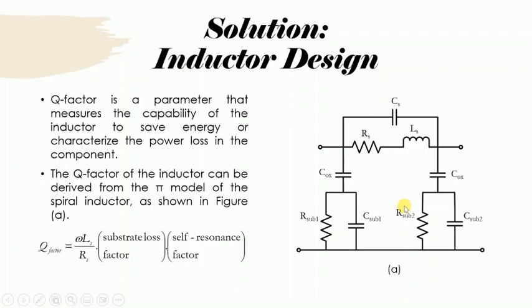This means the substrate loss comes from this substrate resistance and capacitance. We also have the substrate loss factor, which also lowers the inductor Q factor. Rs is inversely proportional to the Q factor, so it clearly shows that this resistance lowers the Q factor value.